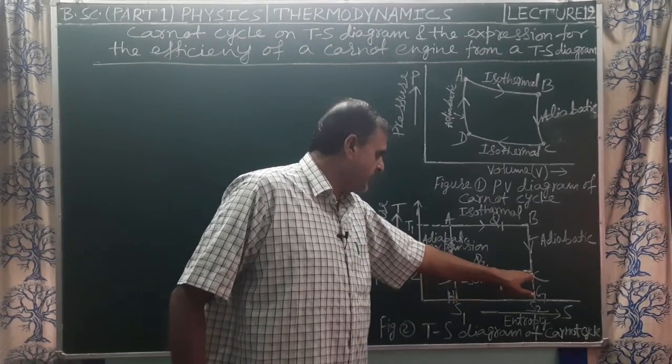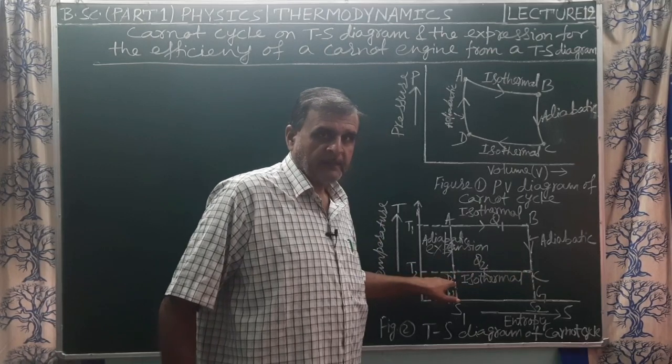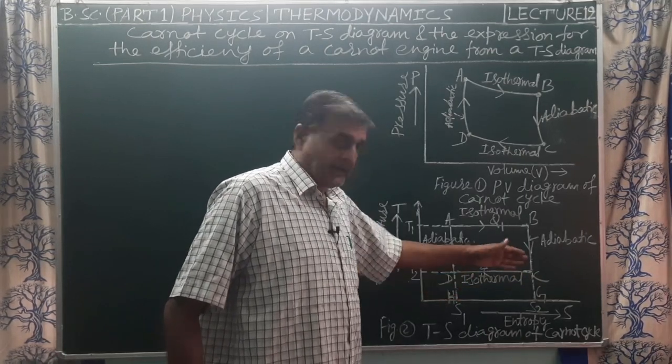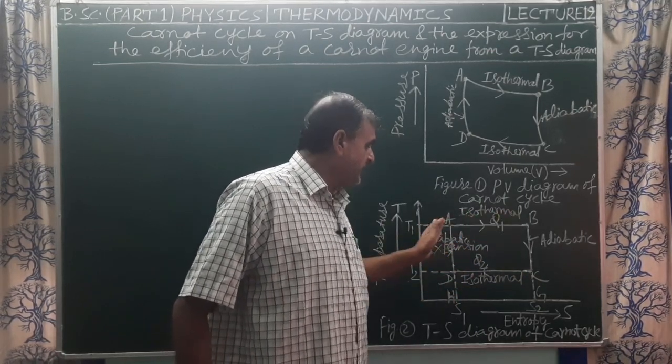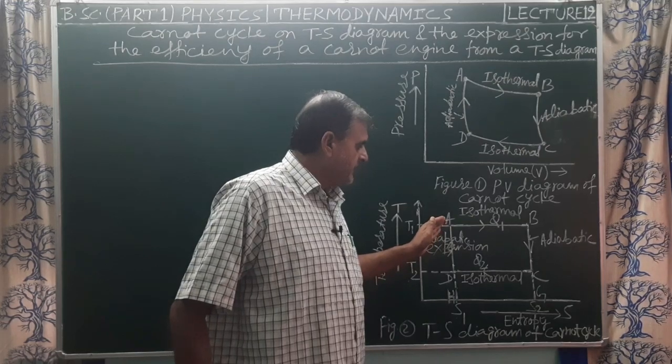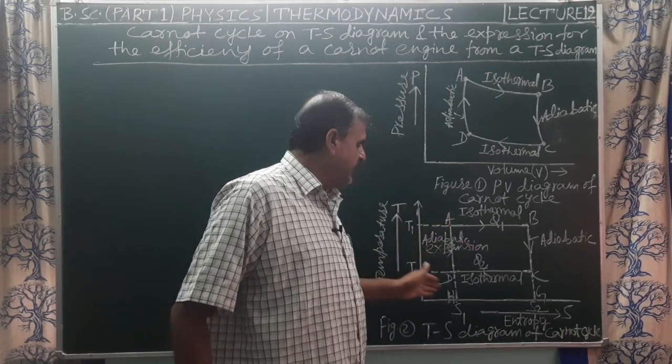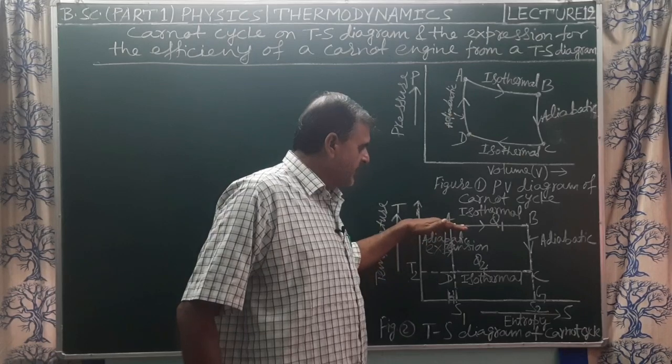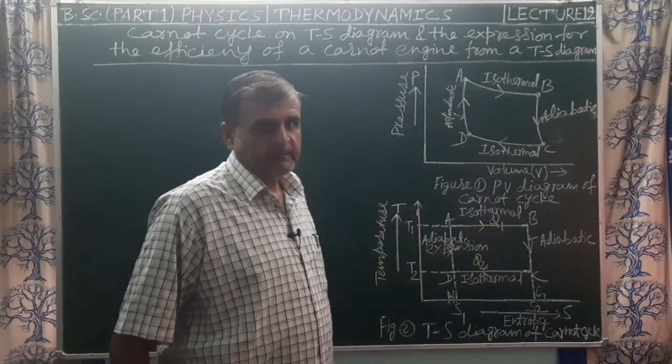Isothermal compression is represented by side CD of the rectangle, while isothermal expansion of Carnot cycle on TS diagram is represented by the side AB of the rectangle.